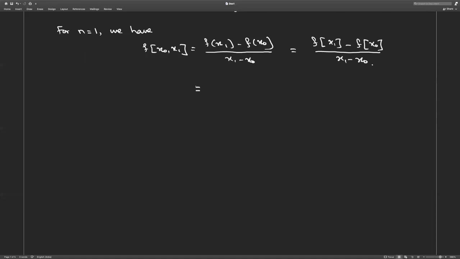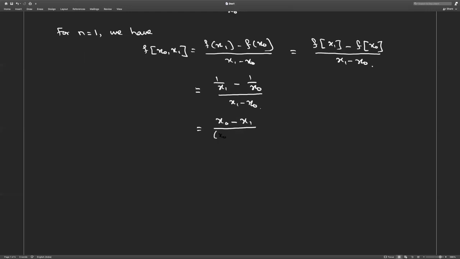And that is going to be 1 by x1 minus 1 by x naught divided by x1 minus x naught. Upon simplification, we can write this as x naught minus x1 divided by x naught into x1 into x1 minus x naught, right? Therefore, f of x naught comma x1 is equal to minus 1 by x naught into x1.